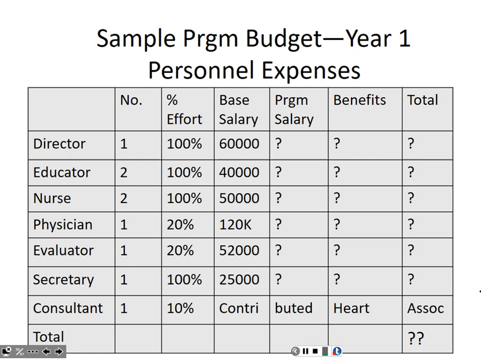So we need to do some research to find out if we're looking for a master's prepared director with 5 years experience in health program administration, what is the typical pay rate for this type of position in our market. Okay? So again, this is information that is publicly available. Okay? And we plug that in.